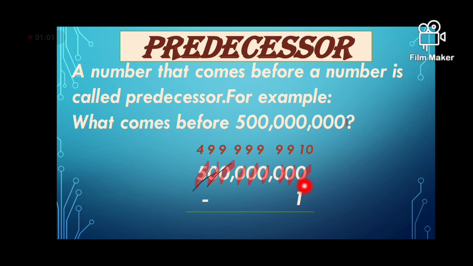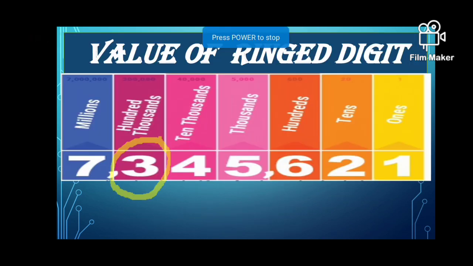Now 10 minus 1 is equal to 9. Then all these 9s will be written as it is, and 4 will be written as it is. So the predecessor of 500 million is 499,999,999.